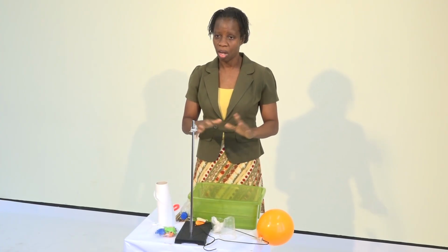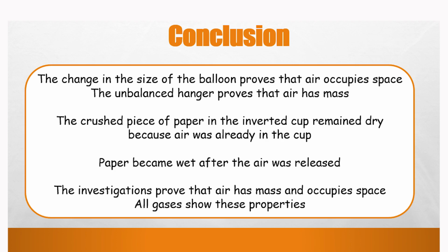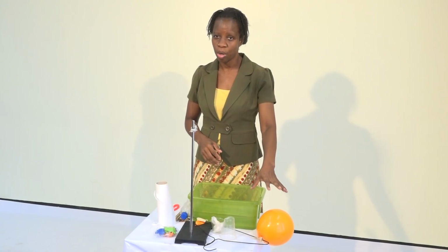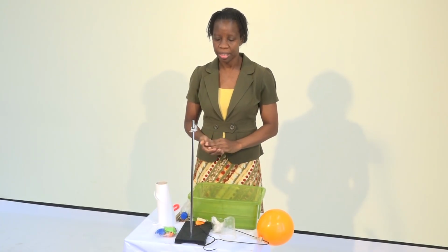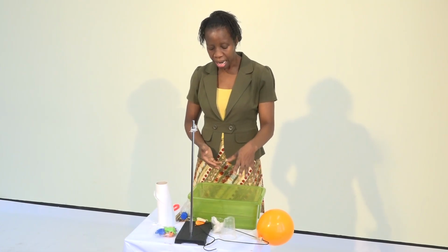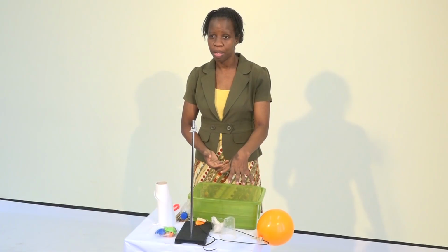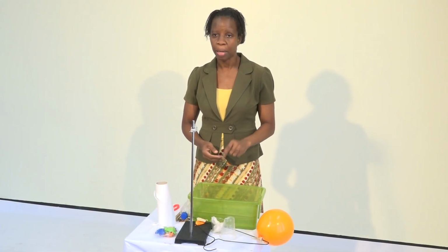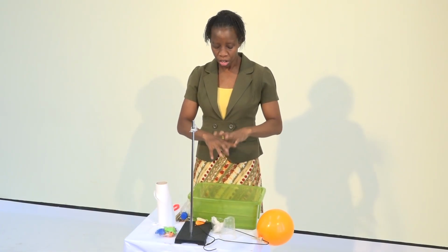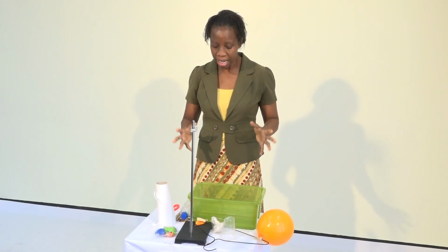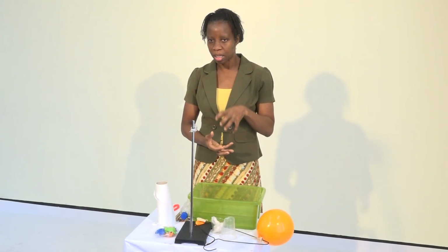So what are our conclusions based on this investigation? We have shown that definitely air occupies space, seen in the size of the balloon changing when we blew in it, and also seen in the fact that the cup that had the piece of paper, when we inverted it, that paper remained dry because air was already in the cup occupying a particular space.